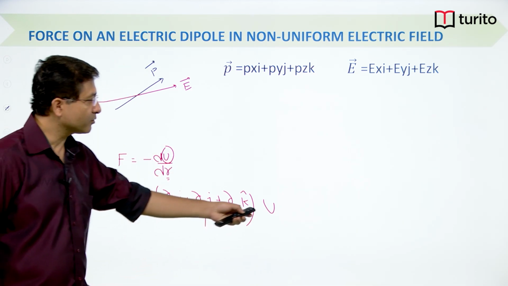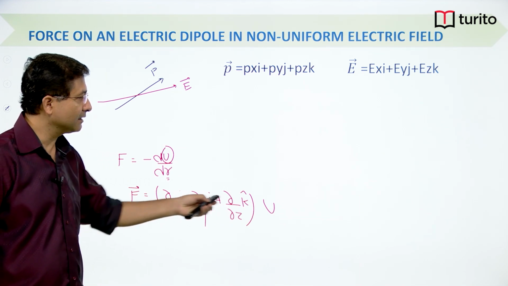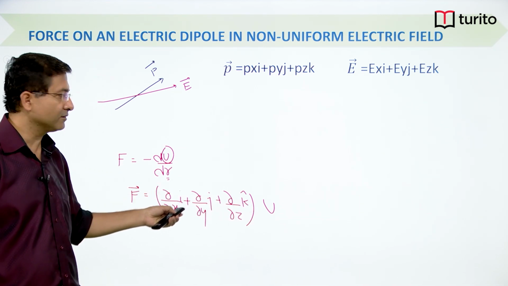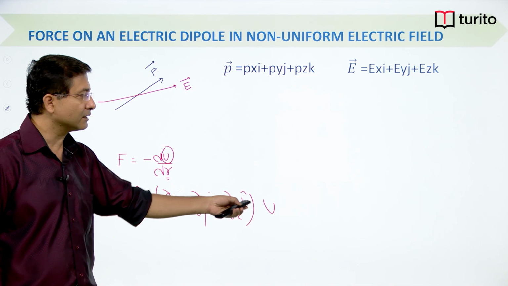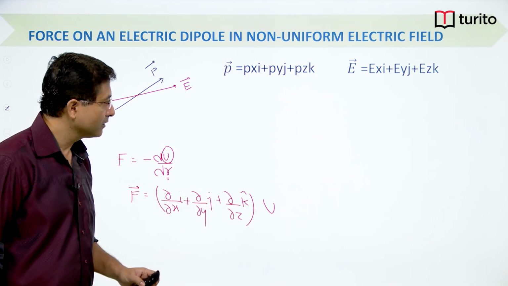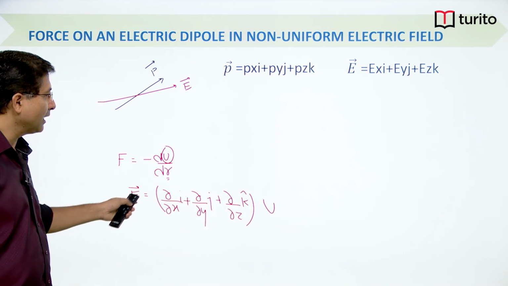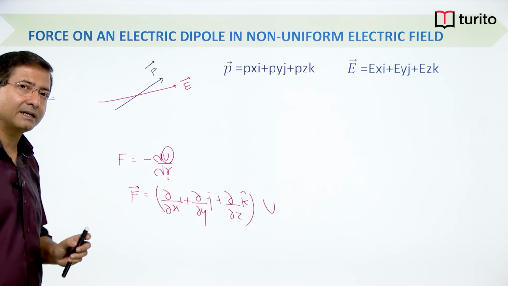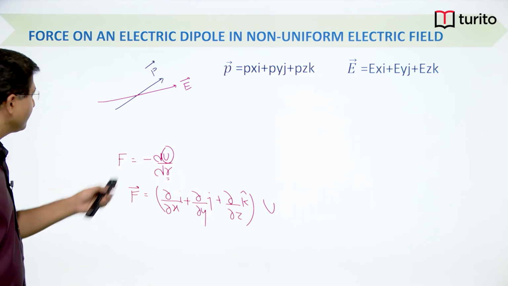So if I get the potential energy, I will differentiate it partially with respect to x, y and z, and I will get the force. With potential energy I can easily reach the force.